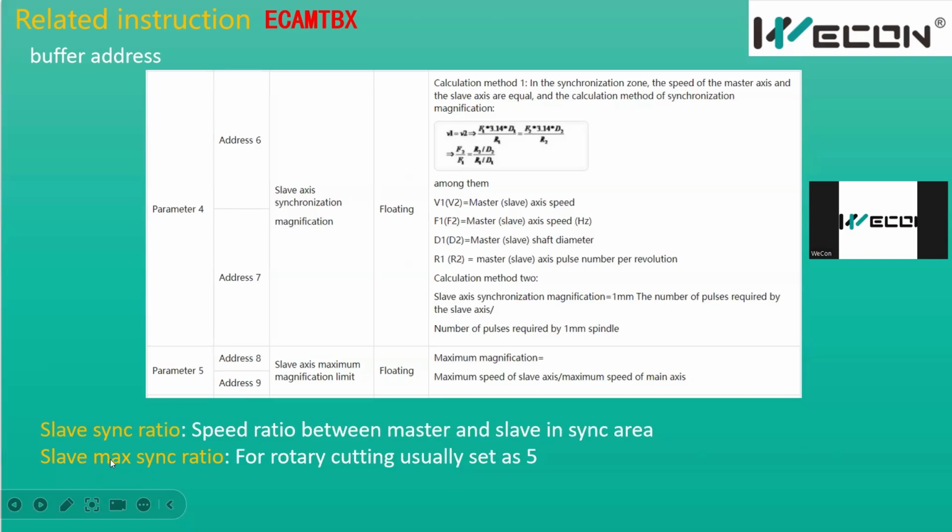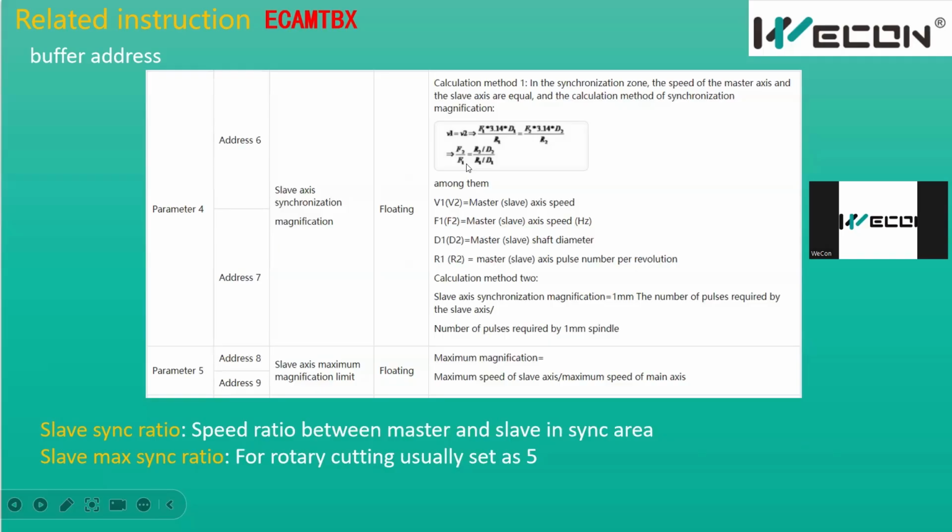And the next parameter is the max sync ratio. For rotary cutting, this parameter is usually 5. It means in the sync area, the speed of the slave should be less than 5 times of the master.